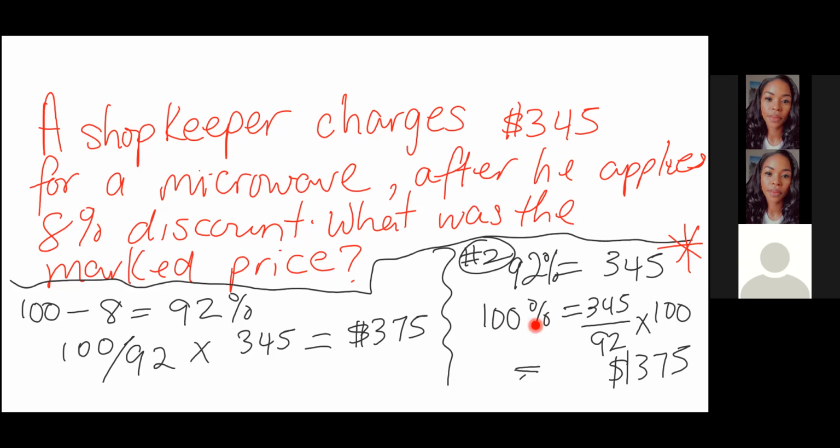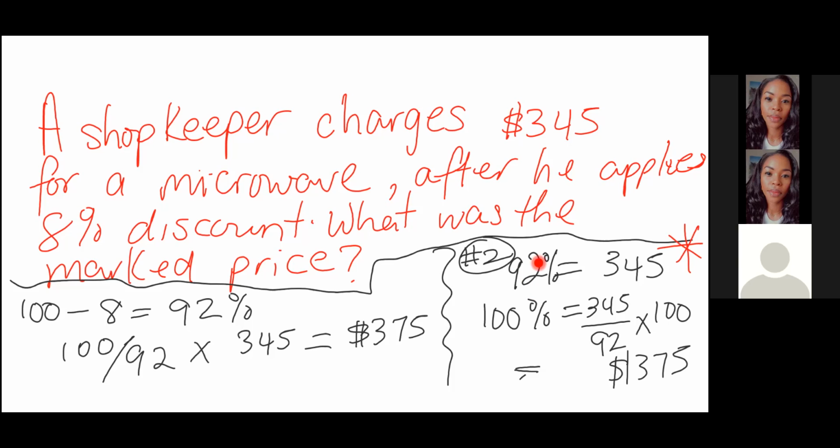If it's percentage on the left, money on the right, you have to keep them on the same side, right? So if you're doing 345 and 92, then you must put your 100 on this side and you're working on this side. They must line up. I hope I didn't confuse you guys, right?